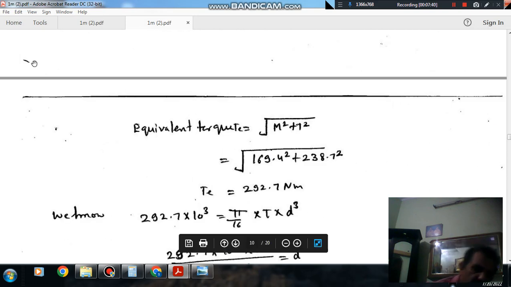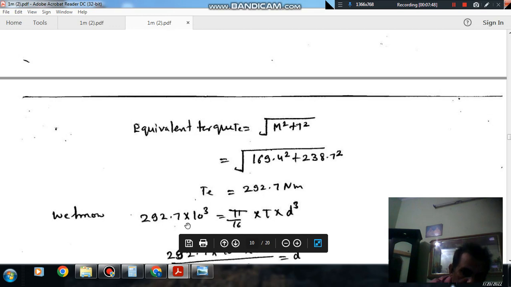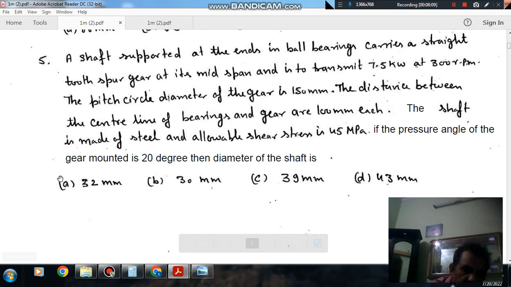As only the shear stress is given, we will design the shaft according to the equivalent torque. From the torsion equation, T by J is equal to tau by R, where T is TE, and J is pi by 32 d to the fourth, and R is d by 2. So TE will be equal to pi by 16 into tau into d cube. With tau equal to 45 MPa, we can get d as 32 mm.